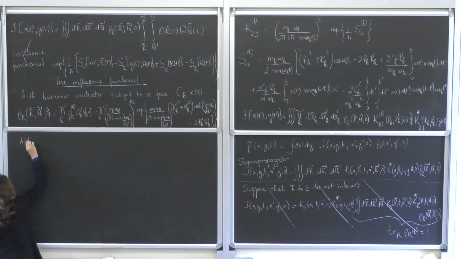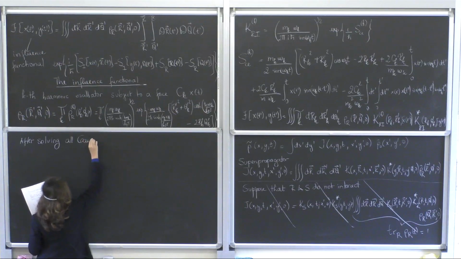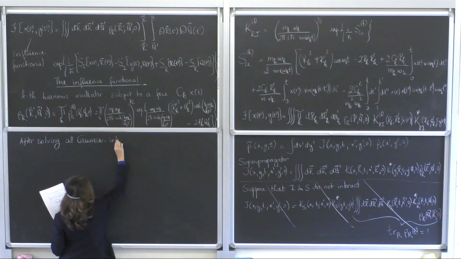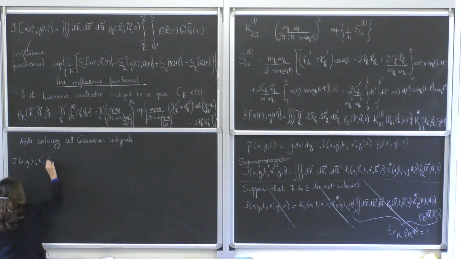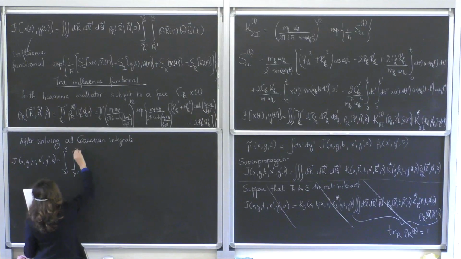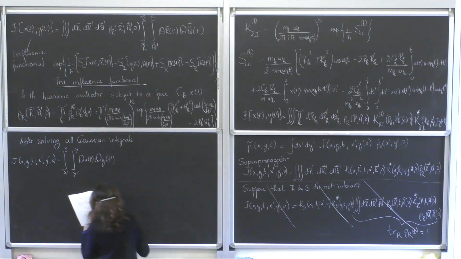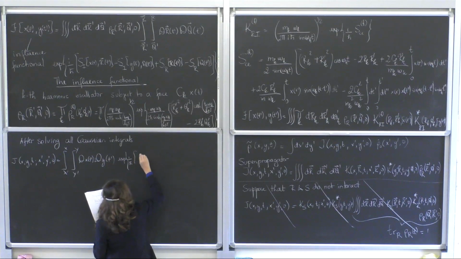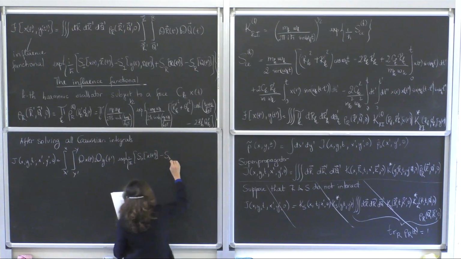So after solving all Gaussian integrals, you are going to get that your superpropagator can be written x prime to x, y prime to y, dx(t prime), dy(t prime), exp of i over h bar, S0 of x of t prime minus S0 of y.